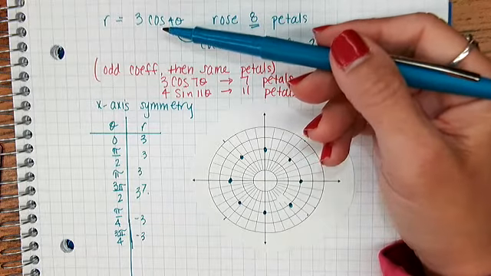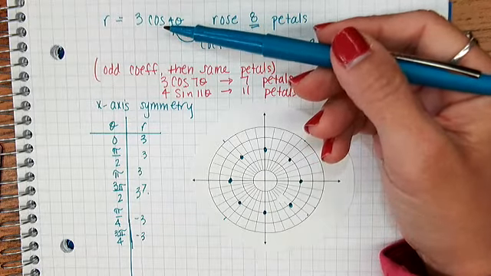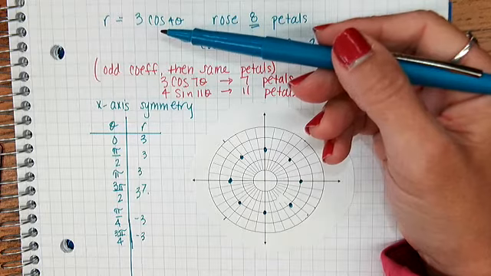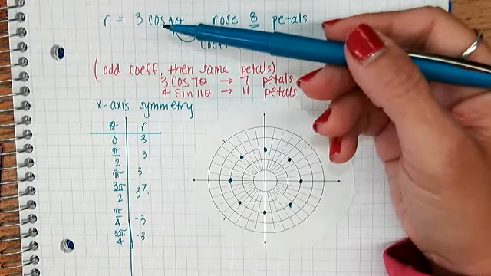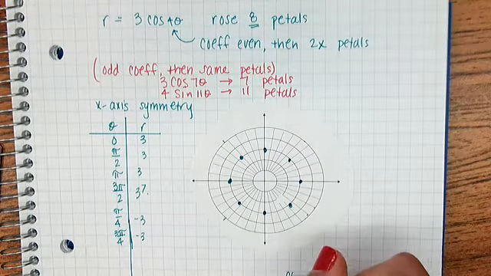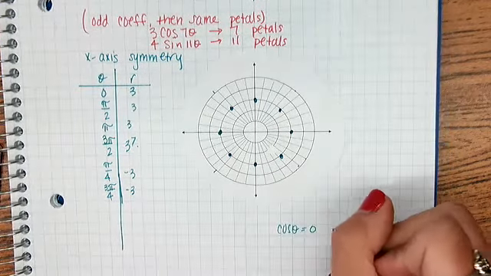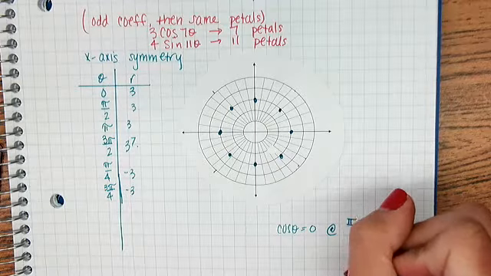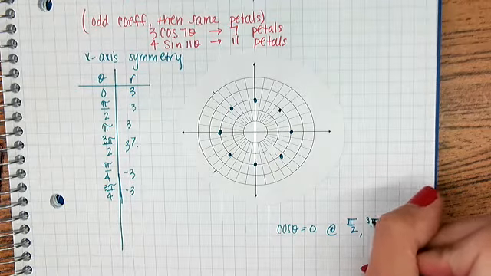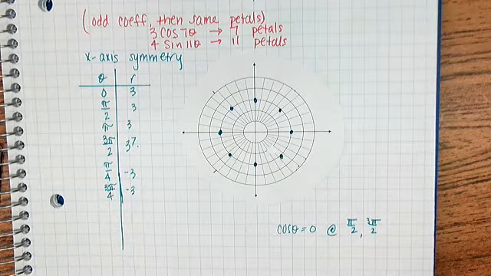Somewhere the cosine is 0. Somewhere the cosine is 0. And that somewhere is at pi over 2 and 3 pi over 2. So which angle is that? It doesn't really matter.